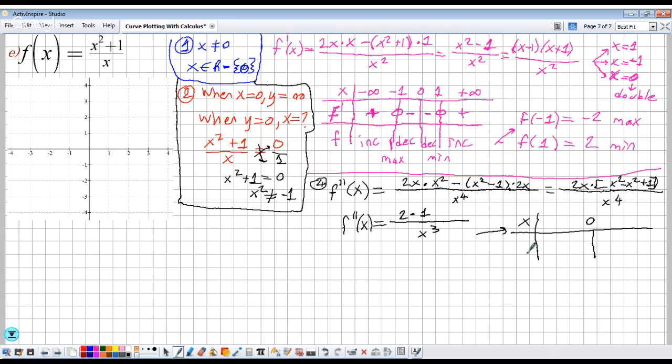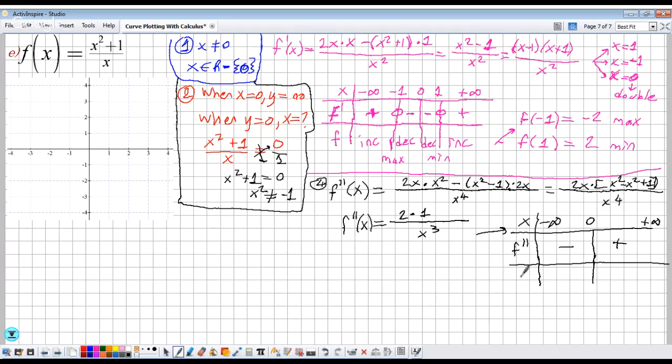Let's do the sign chart. When x is equal to 0, the second derivative, all x numbers from minus infinity to plus infinity. Let's start with plus infinity. If you put plus infinity in here, plus over plus is going to be positive, plus. So then let's close this one. Since the 0 comes from cube, it's an odd power.